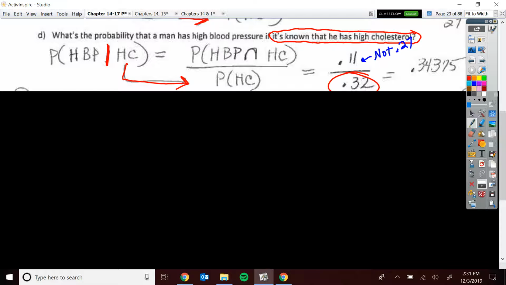And look here, do not put all of the high blood pressure people, don't put 0.27 on top. I have the high cholesterol people in here. I set the others out away. So 32% have high cholesterol, and now these 11% also have high blood pressure. Not 27. Where are these other people? They're in the hall.